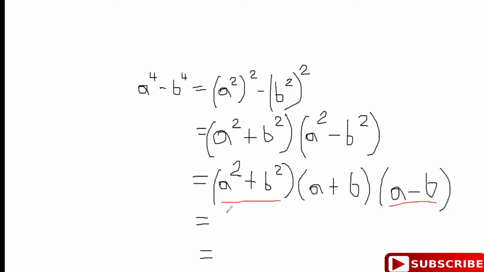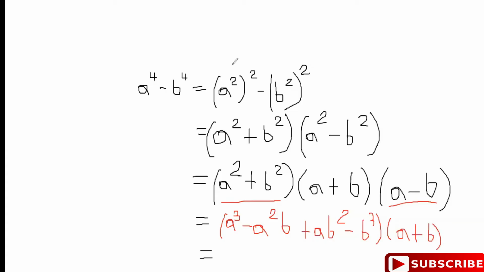Multiplying out those would give me a cube minus a squared b, minus a squared b. Then I'm getting plus ab squared minus b cube, times a plus b. We agree with that? Agreed? All right.